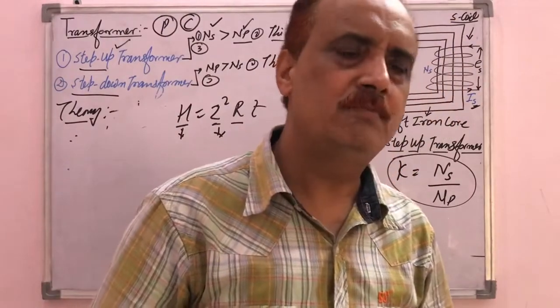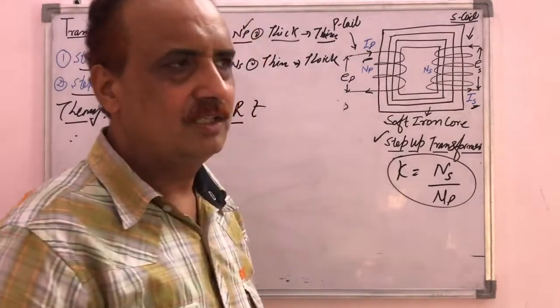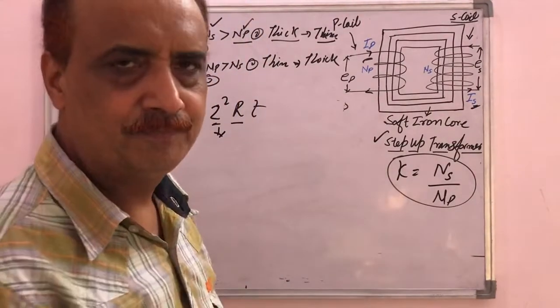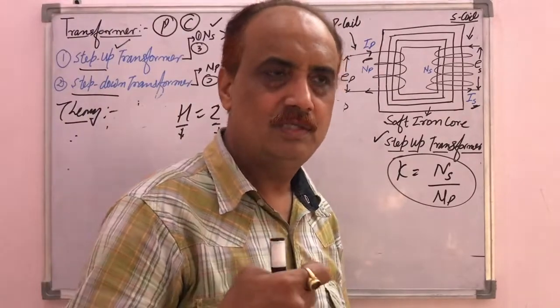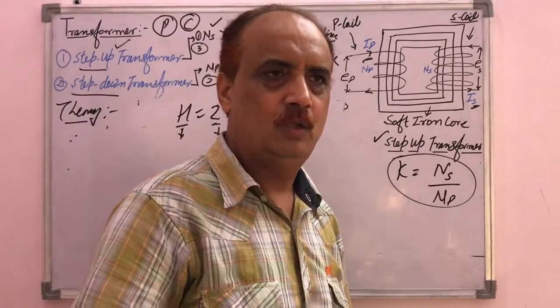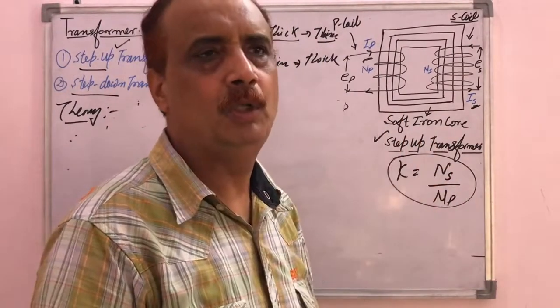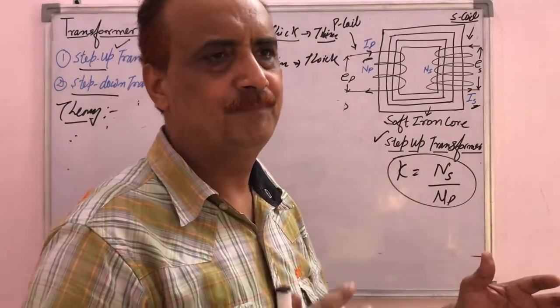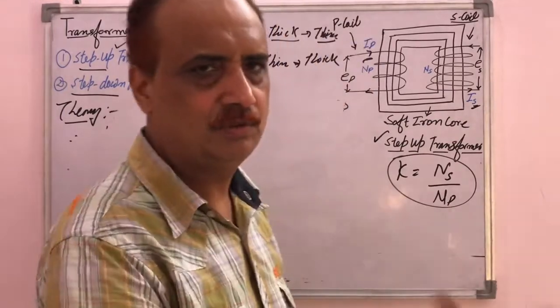So it is the most important point. Which type of voltage can be used in the transmission? We have to use high voltage at low current, because low heat energy is produced, so energy consumption will be low in the transmission of the electricity from one place to another place.